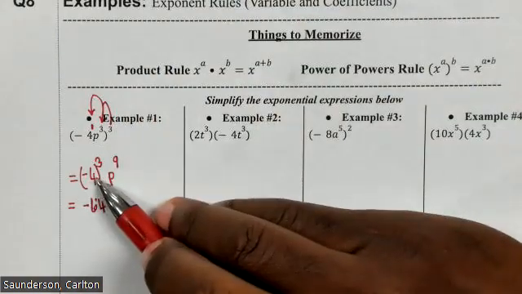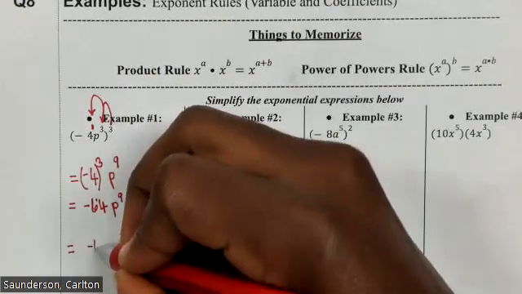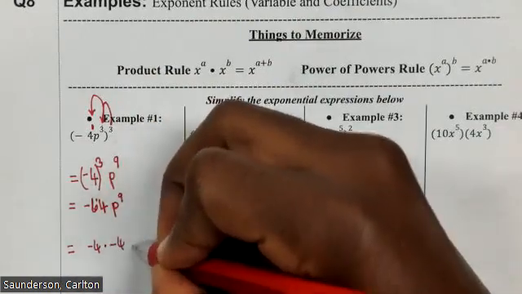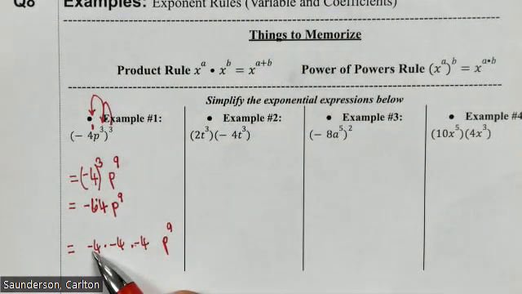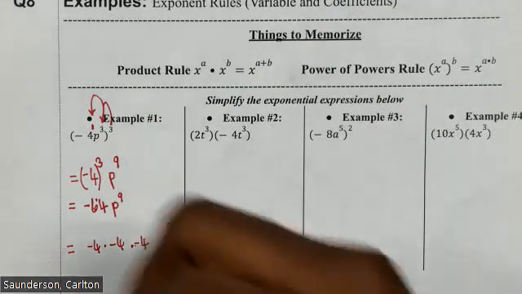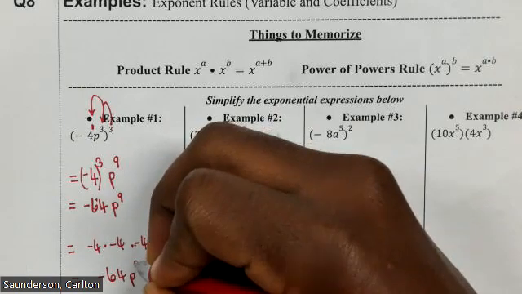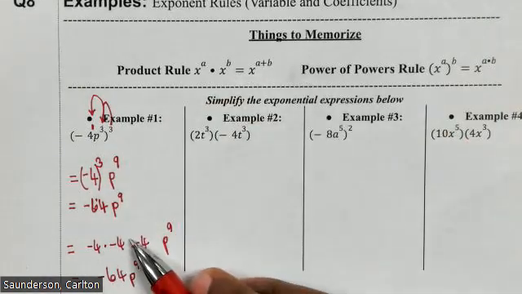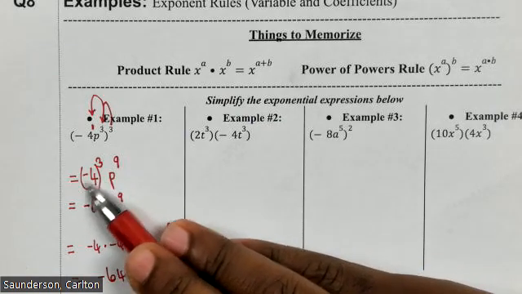When you do -4 to the third power, you're technically saying -4 times -4 times -4. -4 times -4 is positive 16. 16 times -4 is -64. That is technically what you're calculating if you did it by hand and did not use a calculator. If you use a calculator, you have to put that parentheses.